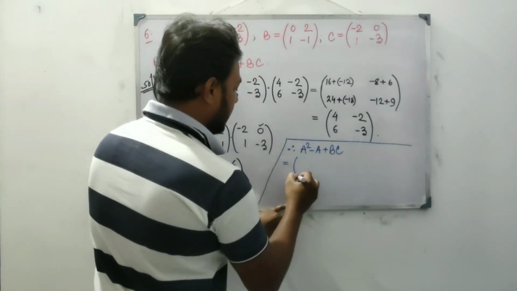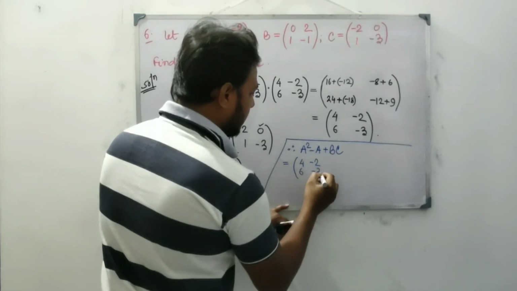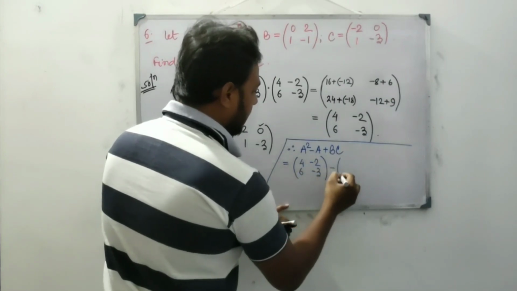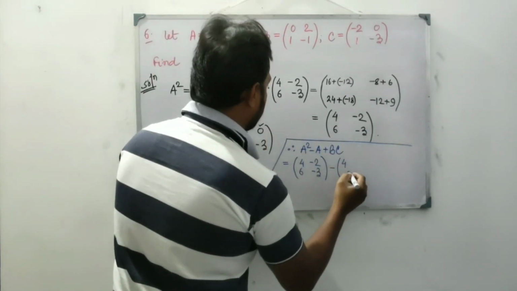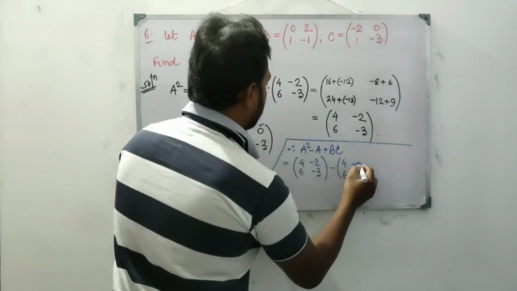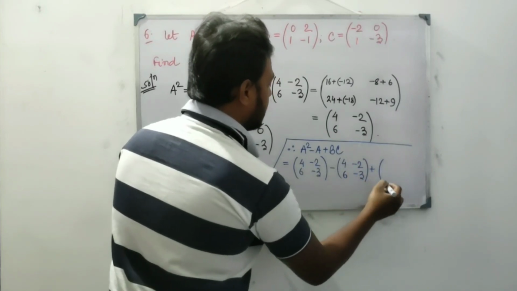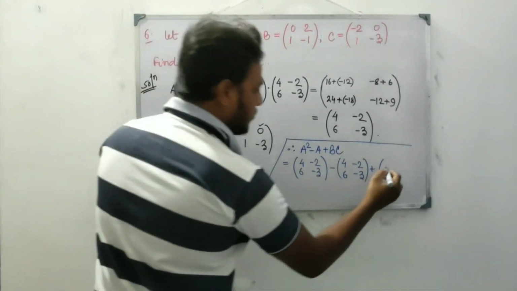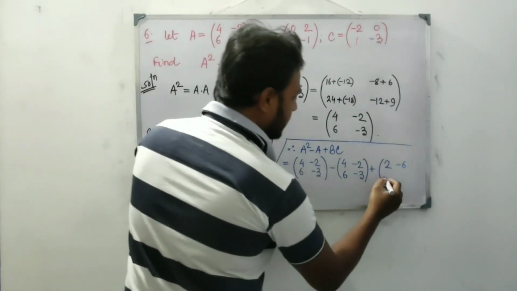A square means the matrix 4, minus 2, 6, minus 3. Minus A means the matrix minus 4, this is A. Plus BC means this, 2, minus 6, minus 3, 3.